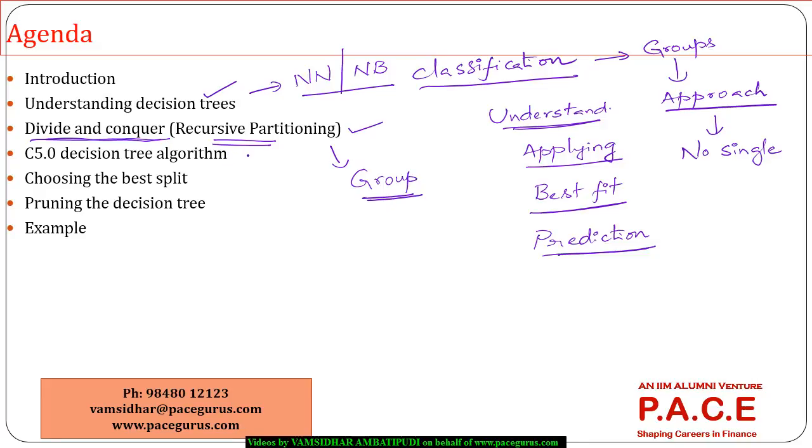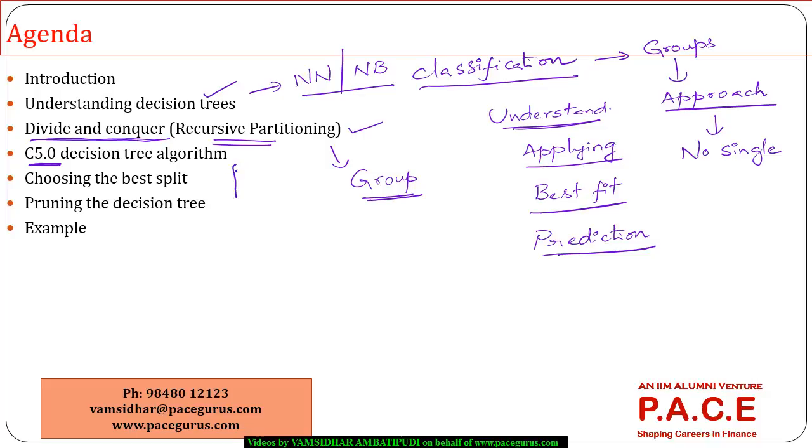For doing the same decision tree process, there are many different algorithms that exist. Different researchers have come out with different kinds of algorithms based on different techniques, but we would be talking about one of the most widely used techniques called the C5.0 algorithm for creating a decision tree.